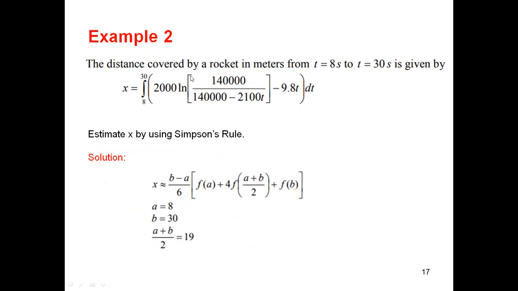So the distance covered by a rocket in meters from 8 seconds to 30 seconds. What would be the distance covered by this rocket 8 seconds after it was propelled into space and 30 seconds after? So what would be its distance covered? It's given by this integral.